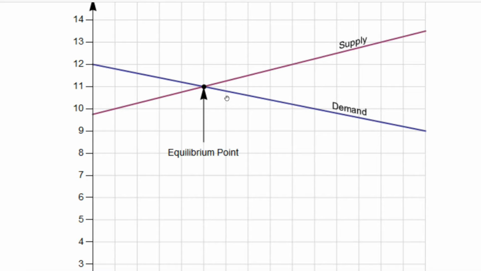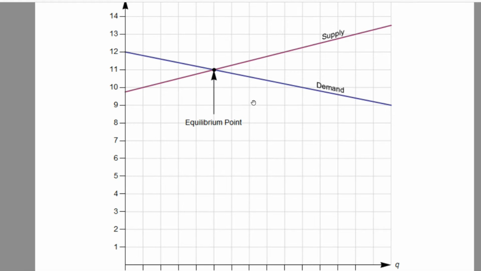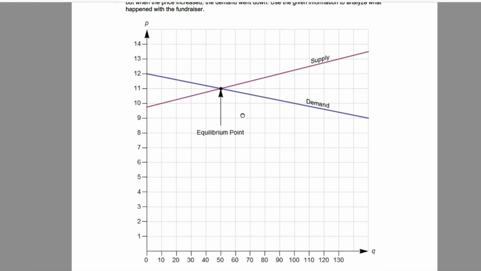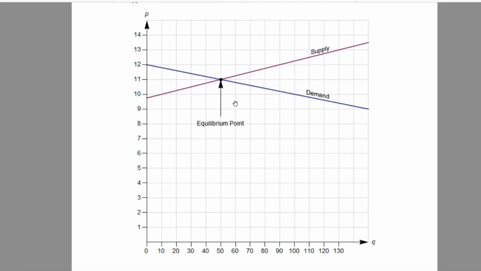So let's look at this graph. This graph is a very important thing to help us answer the rest of the question. Here, we see that we have two equations. We have one right there and one right there.